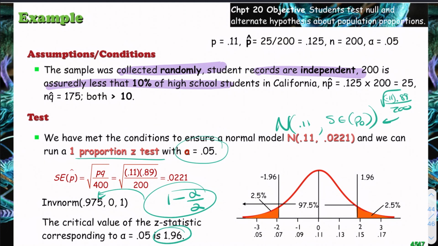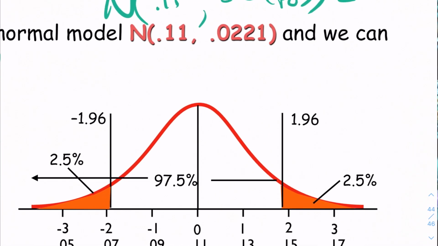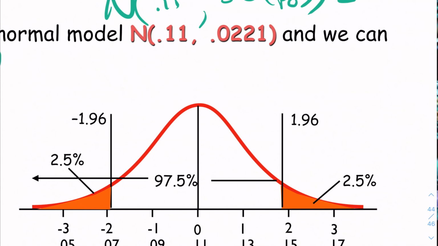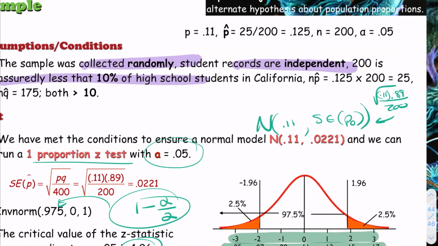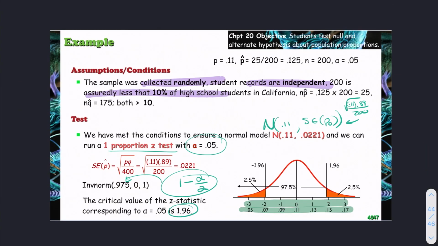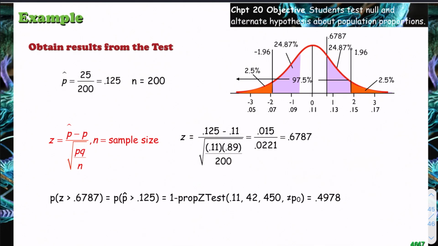Should sound familiar. We're doing a two-tailed test, so I draw myself a picture. Now notice you have the choice of doing the standard normal model, or our specific model underneath. It's your choice. What we're saying is, what are the chances that we're underneath here? So next, we're going to obtain our results.